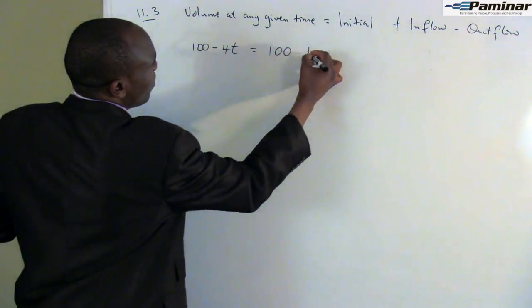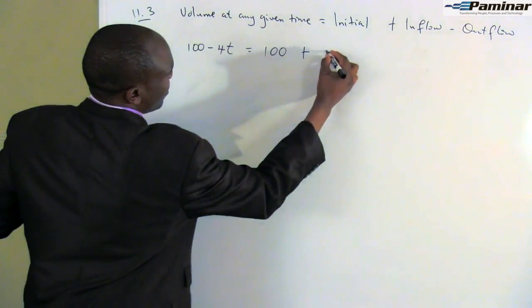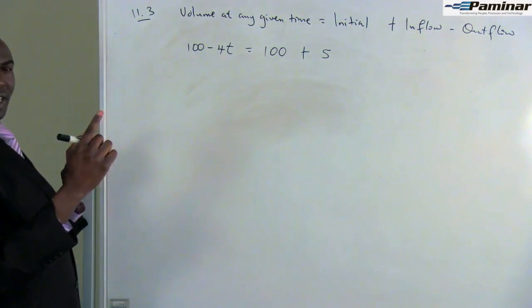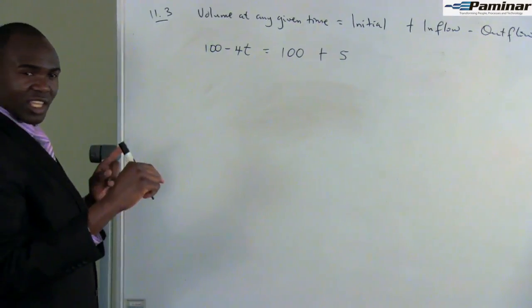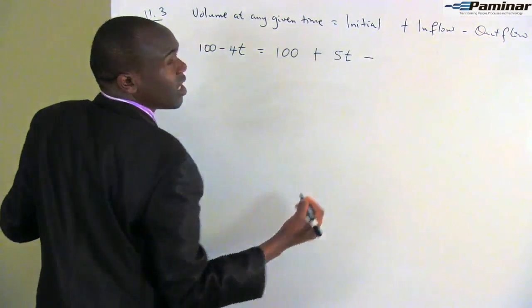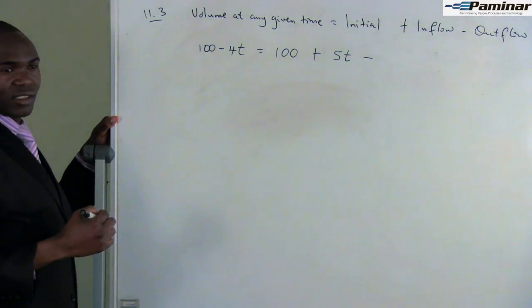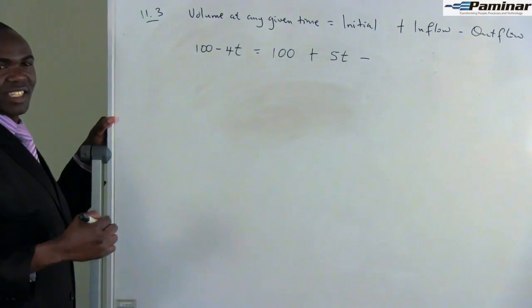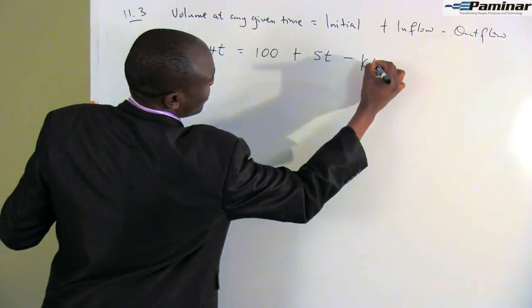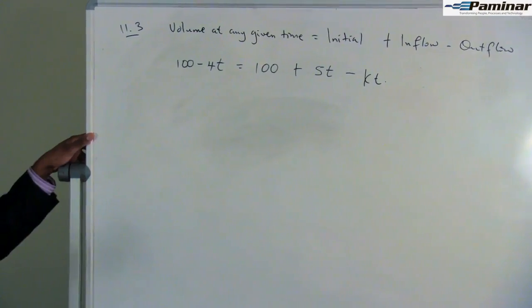Plus inflow, which is 5 liters per minute, so 5T, and then minus outflow, K T. Is it clear?